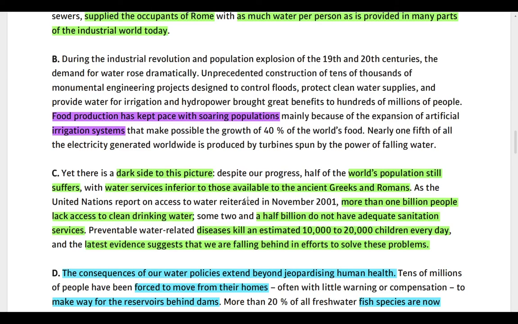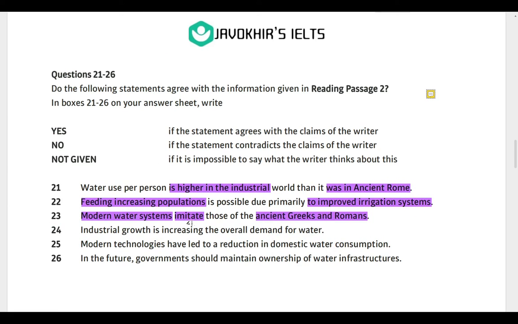It is basically not giving us information about water systems, but actually saying that the water services are not good. Similarly, that is available in ancient Greeks and Romans. However, here it is just comparing modern water systems to what was available in the ancient Greeks and Romans. So that is it.